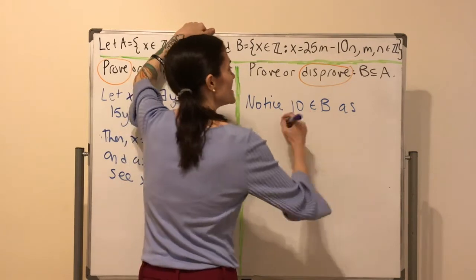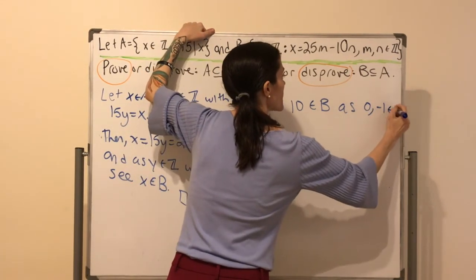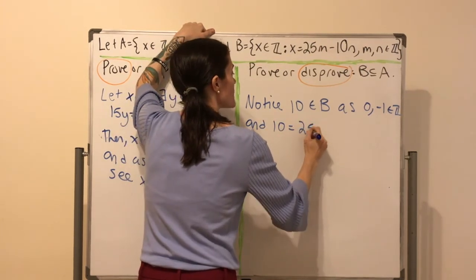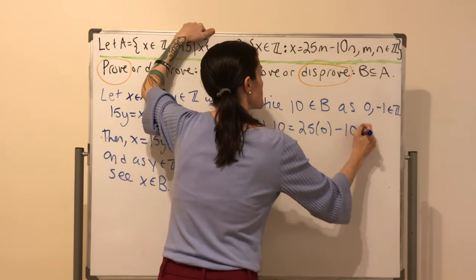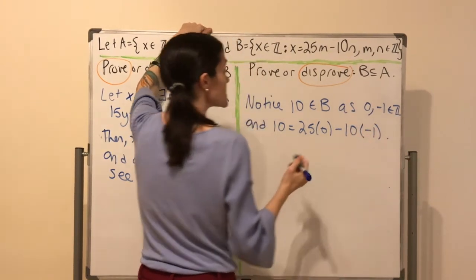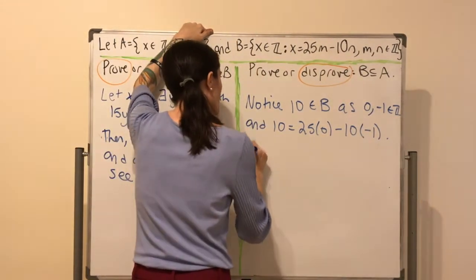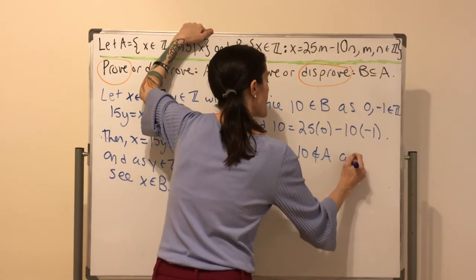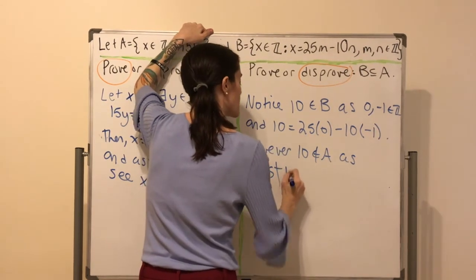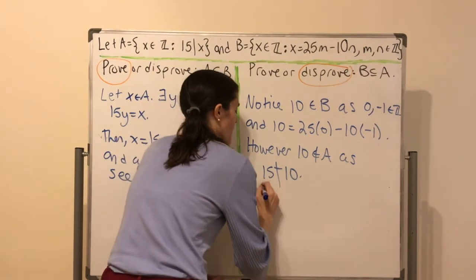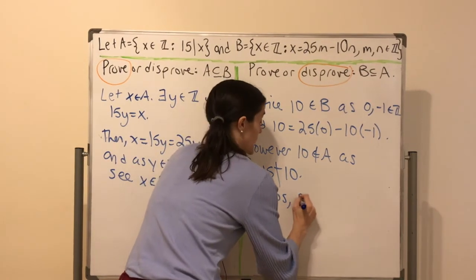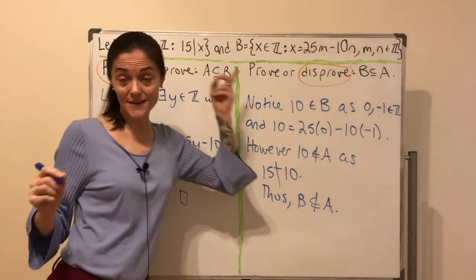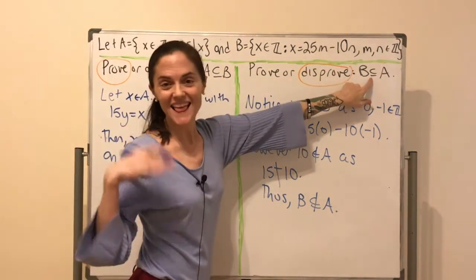So as, let's say 0, -1 are integers, and 10 is 25 times 0 minus 10 times -1. Okay, so that justifies that 10 is in B. However, 10 is not in A, as 15 does not divide 10. So therefore, B is not a subset of A. And this is our counterexample that disproves this.